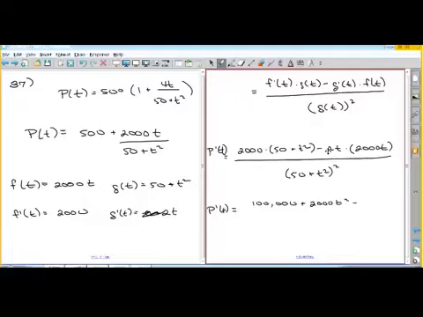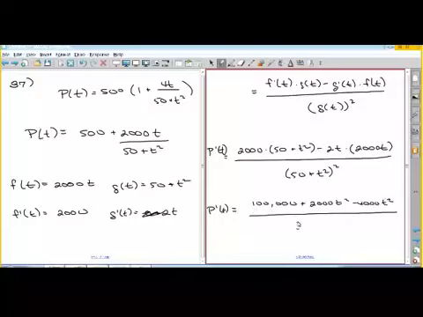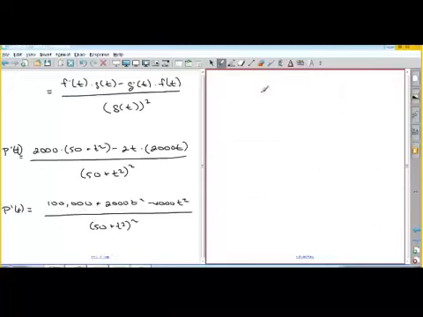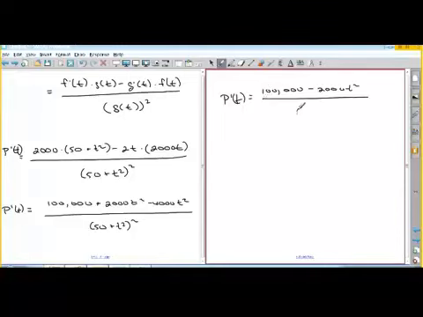And here we get minus 2 times t is t squared, and negative 2 times 2,000, so it's negative 4,000 t squared, all divided by 50 plus t squared, squared. Then we combine these last two terms. So p prime of t is 100,000 minus 2,000 t squared, all divided by 50 plus t squared quantity squared.